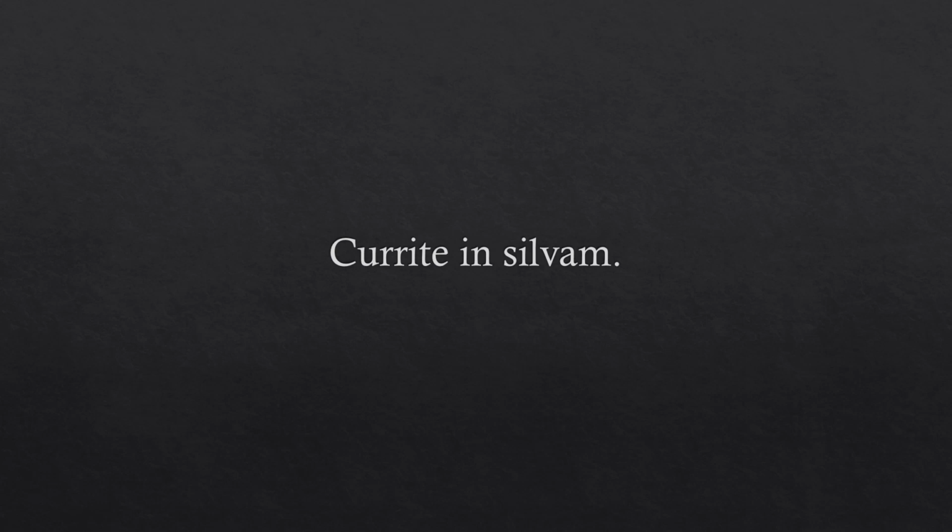Let's try another one. Currite in silvam. How would you translate this sentence? Run into the forest. Here, our main verb is currite, which is a second person plural present active imperative.